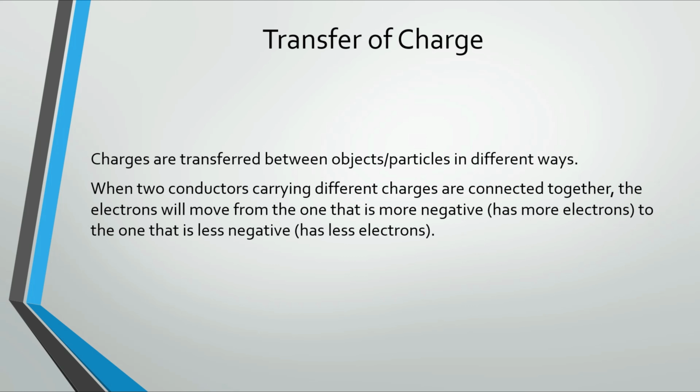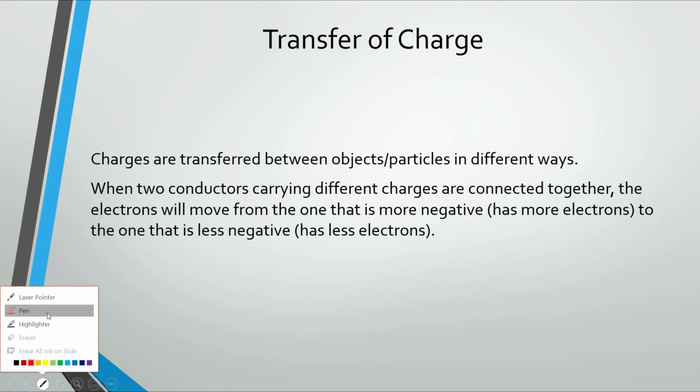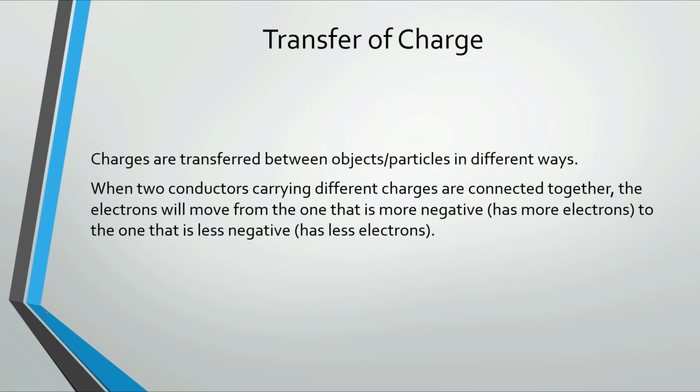Another way to describe the transfer of charges is when you connect two conductors together. So when two conductors carrying different charges are connected together, the electrons will move from the one that is more negative, or the one that has more electrons, to the one that is less negative, or to the one that has less electrons. Let's see how this works.